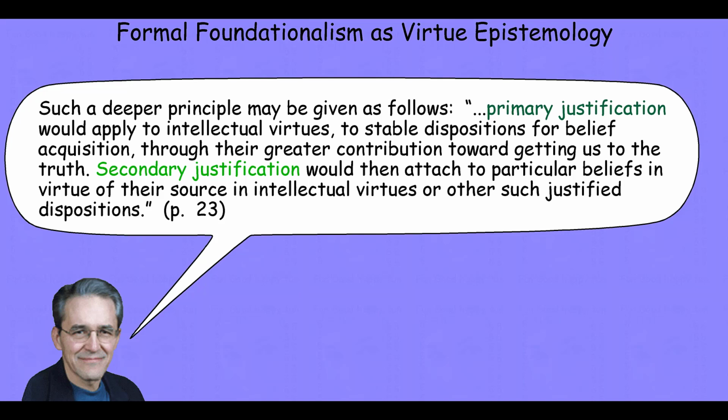That is, their justification comes through their being generated by these reliable dispositions to form beliefs. It's in virtue of their source in the intellectual virtues that they get their justification. How they got formed and the properties of the processes that form them, that's what gives them their justification. So Sosa says now we can pick out those beliefs by an underlying principle, the principle of epistemic virtue.